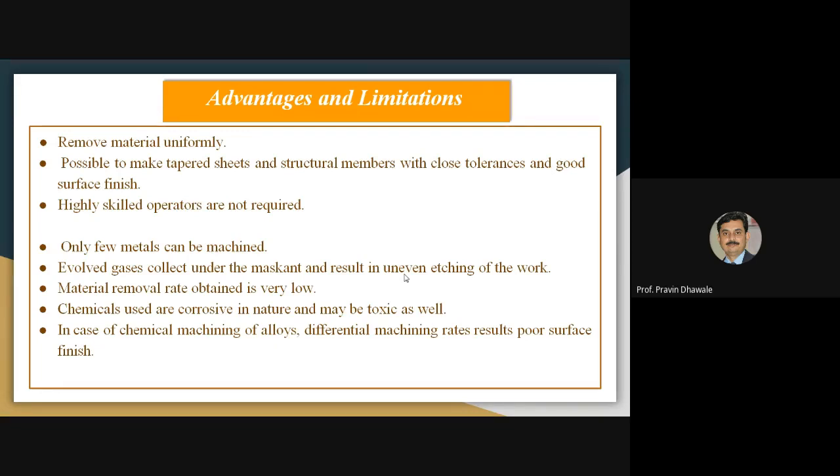In this slide, we will discuss the advantages and limitations or disadvantages of the chemical machining process. The first advantage is that it will remove the material uniformly, because each part which is exposed to the etchant will be exposed in a uniform manner, so the material is removed uniformly.